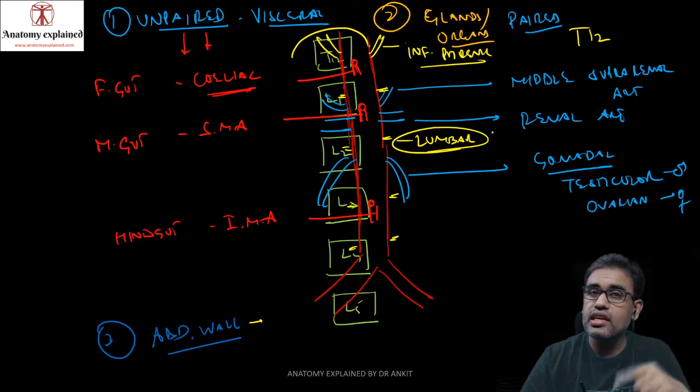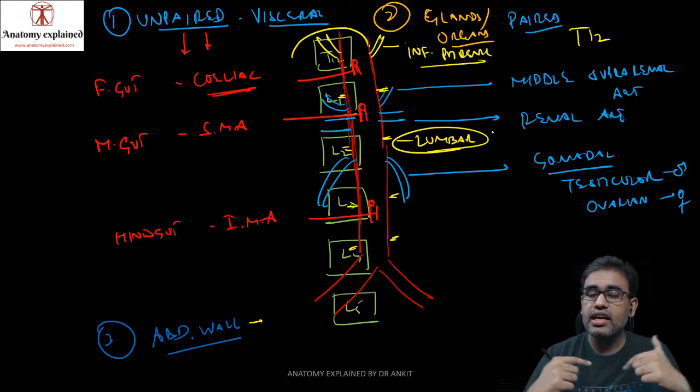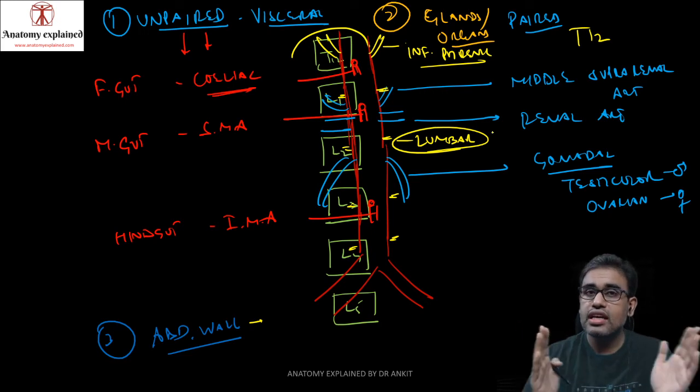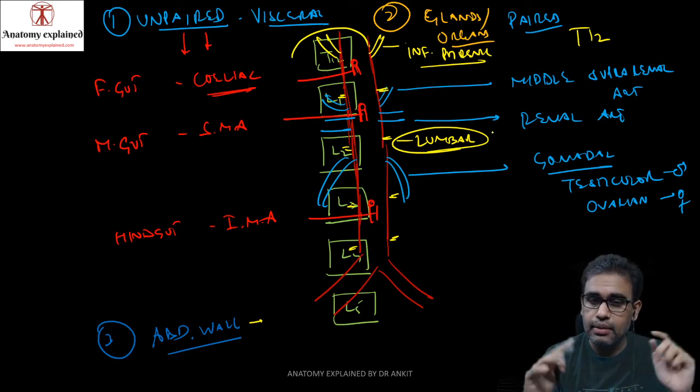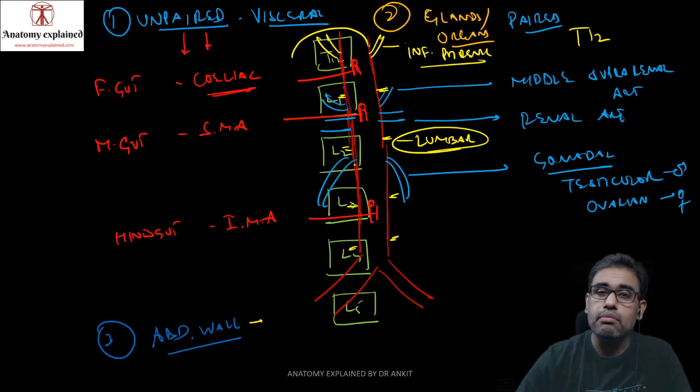Those posterior intercostal arteries come from the thoracic aorta above the diaphragm. Right in continuation to that, the abdominal aorta in the abdomen will give off the lumbar arteries. Upper 4, from L1 to L4, again going to supply the abdominal wall.